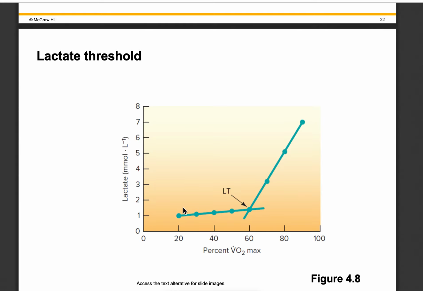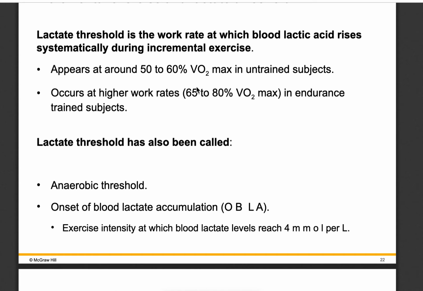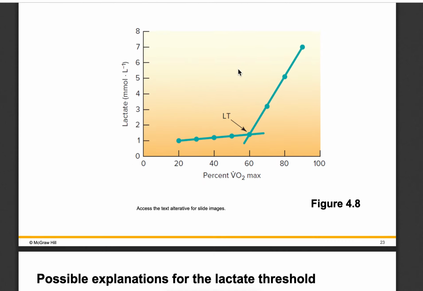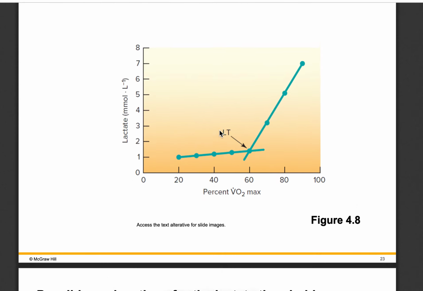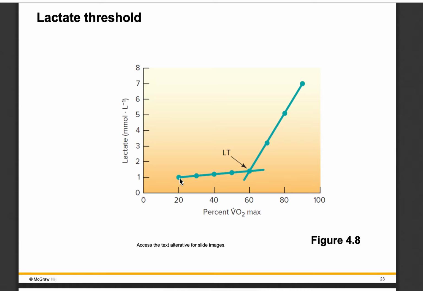I think there's a graph. What you see here is at this lower level, where your aerobic systems can keep up, there is a small increase in blood lactate as intensity increases, but it's very minimal. It's really close to rest. Rest is around 1.